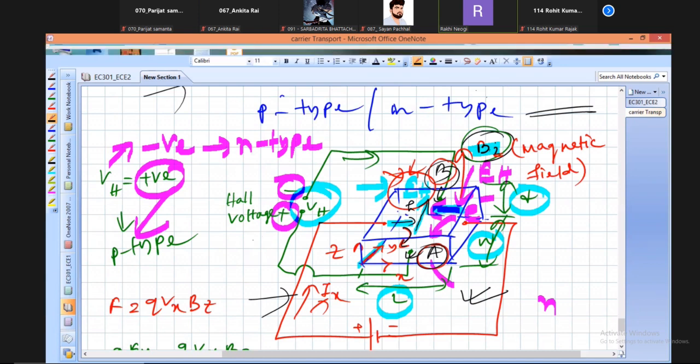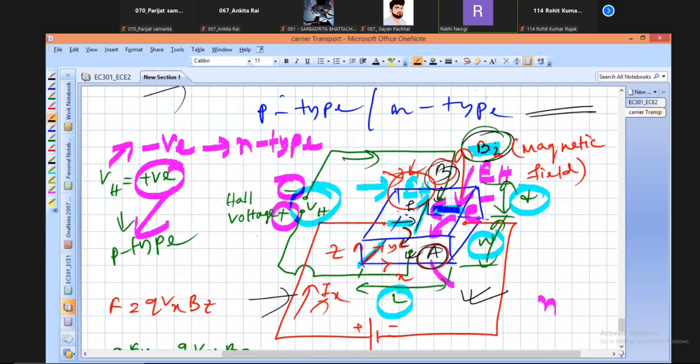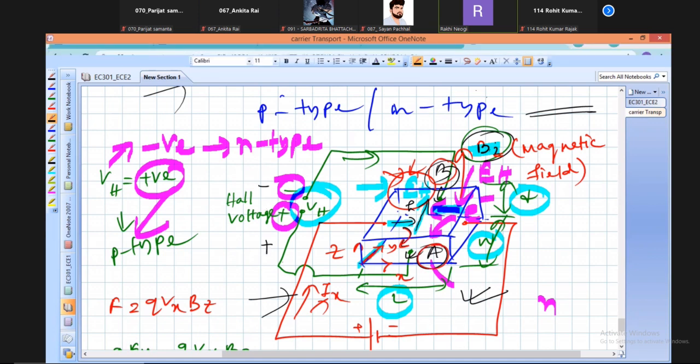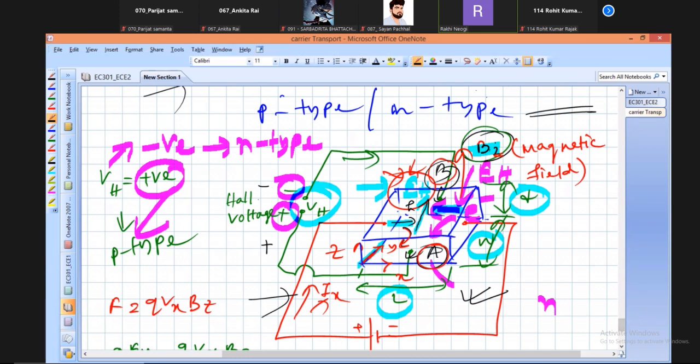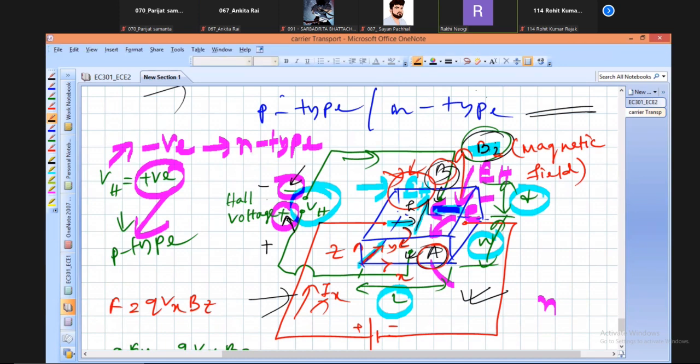If you want to measure the Hall voltage with a voltmeter, you will see whether the potential is positive or negative. Since my consideration is that this is the reference, you will see a positive Hall voltage.